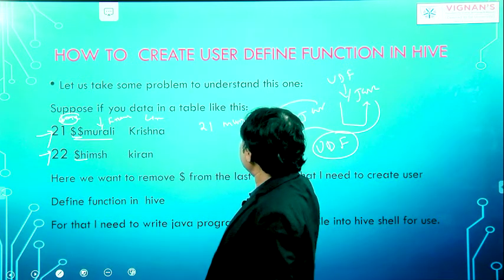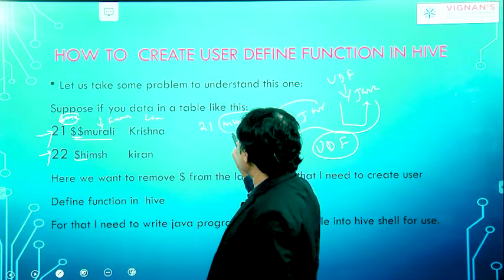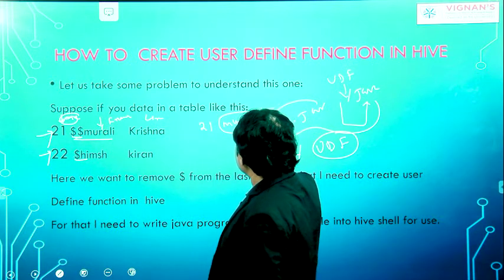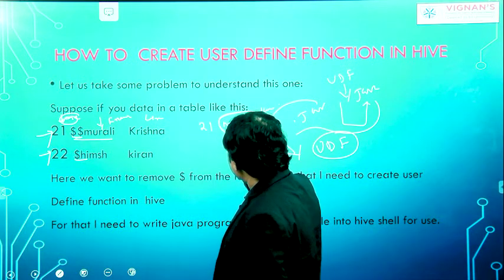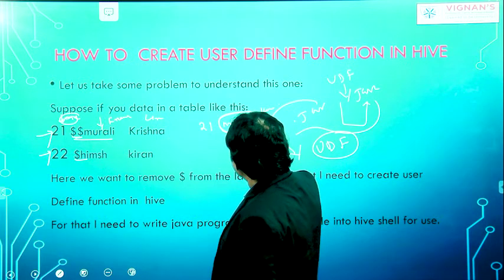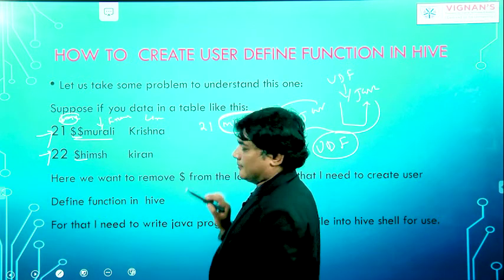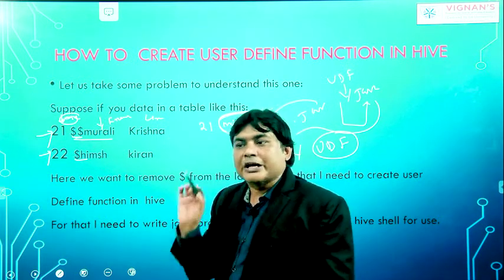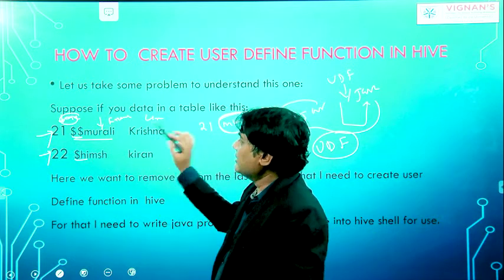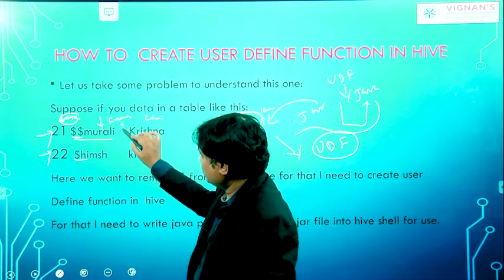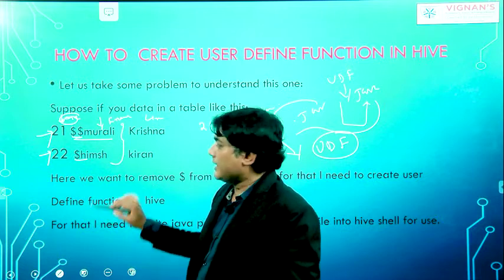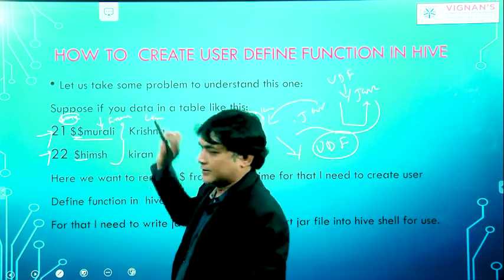It means the first name should be displayed without the $. The $ should not be attached to the first name. The $ should be removed from the first name. That is my problem.